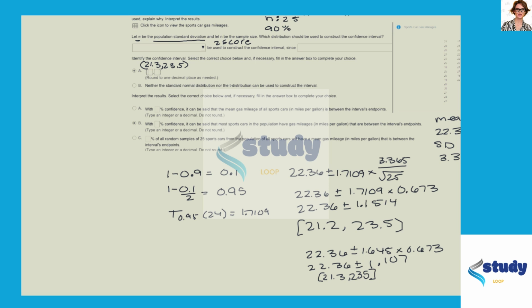So with 90% confidence, it can be said that most sports cars in the population have a gas mileage that are between the intervals of, okay, so it's actually A. With 90% confidence, it's not B. It can be said that the mean gas mileage of all sports cars in miles per gallon is between the interval endpoints.